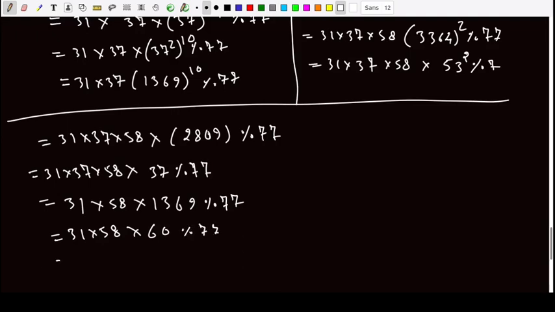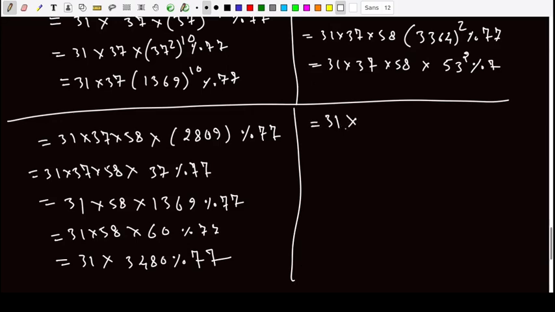Now let's do this. 31 into 58 into 60 is 3480 modulo 77. So this is essentially 31, and if we divide 3480 by 77, the remainder is 15 modulo 77, and 31 times 15 is 465 modulo 77. If you divide this, you'll get 3.